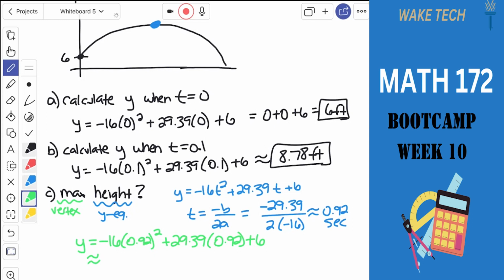Negative 16 times 0.92 squared plus 29.39 times 0.92 plus 6. That gives us 19.50 feet. Questions about C?